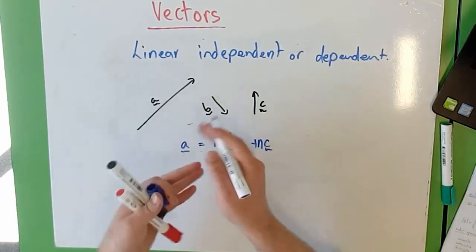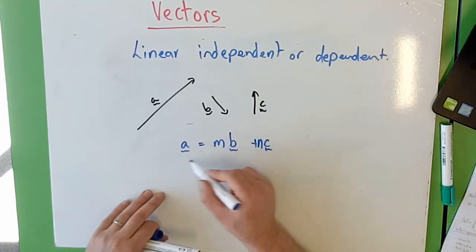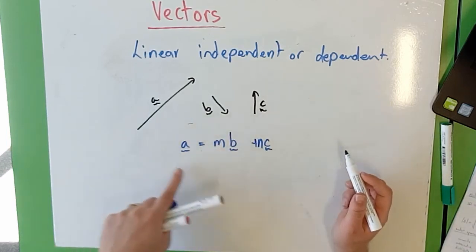Now, as long as none of these are parallel, they're always going to be dependent. That means I can do that. They're linearly dependent if I can do this.